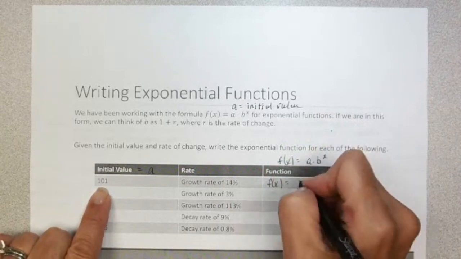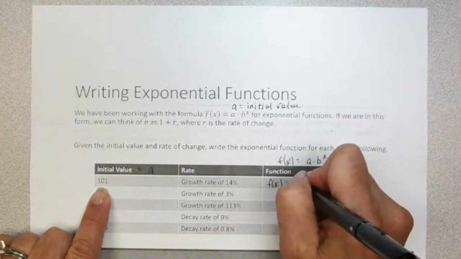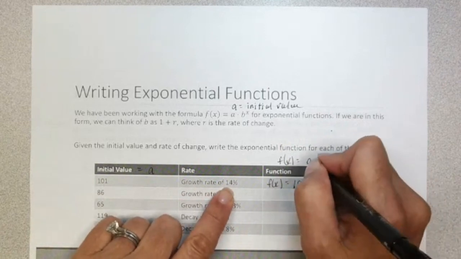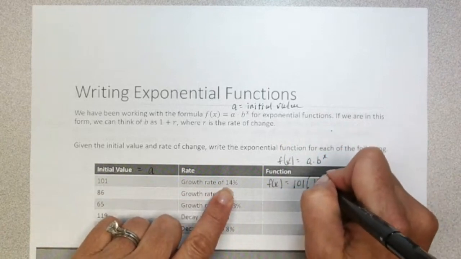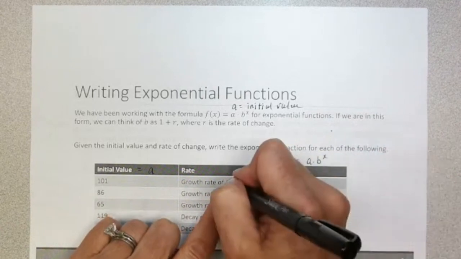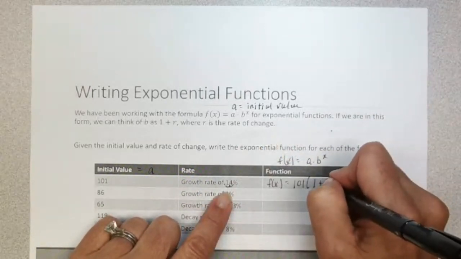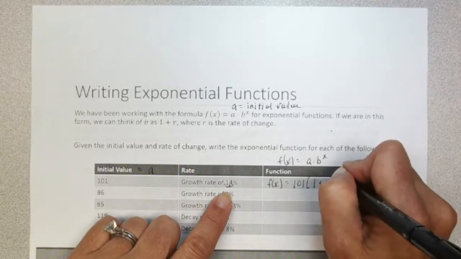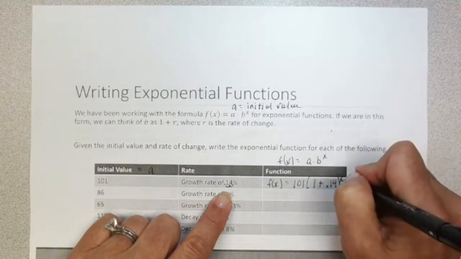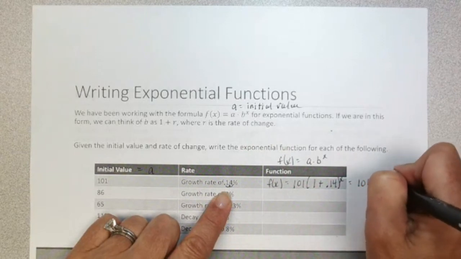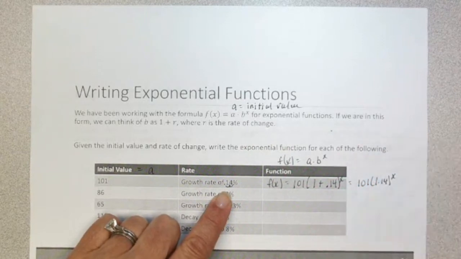If our format is f of x equals a times b to the x, our initial value is a, so f of x would be 101 times, and my growth rate here is 14%, so my b is going to be 1 plus 14%. Of course, we always move the decimal over 2 places when calculating with percentages, so it'd be 1 plus 0.14 to the x power, or 101 times 1.14 to the x.